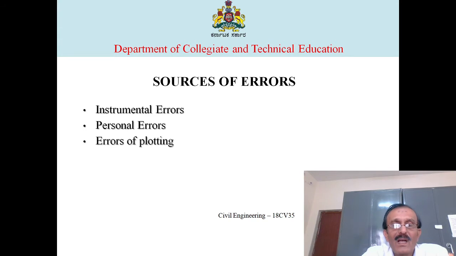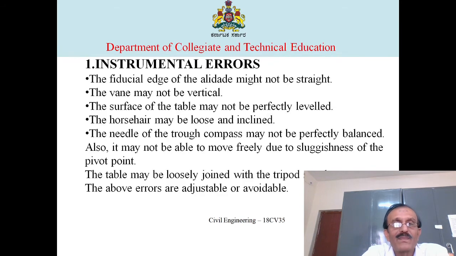There are many sources of errors: instrumental errors, personal errors, and errors of plotting. The instrumental errors are errors associated with the instrument. The physical edge of the alidade might not be straight. In that case, a slight deviation from the aligned object will give erroneous observation.